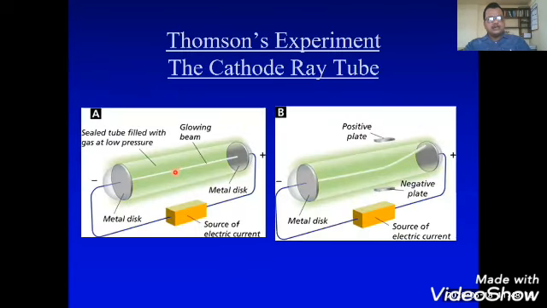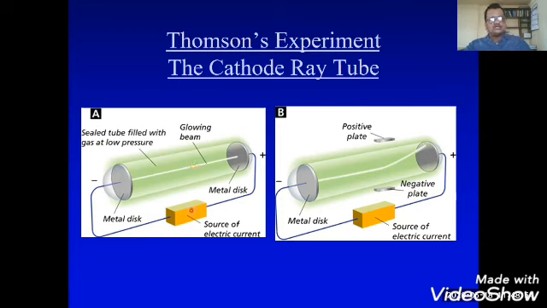So this is how cathode rays were discovered, and these rays were called cathode rays. Why were they called cathode rays? Because these rays travel from the cathode towards the anode, and they believed that the rays originated from the cathode and traveled toward the anode. So cathode rays are produced in a discharge tube where the pressure inside is reduced to about 10 to the power of -4 atmosphere.